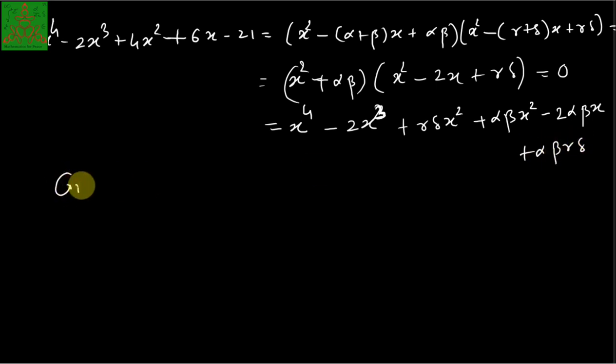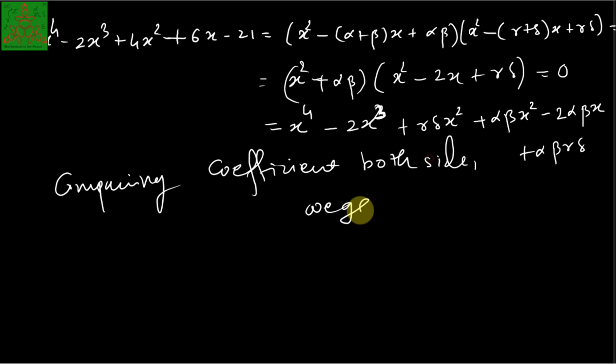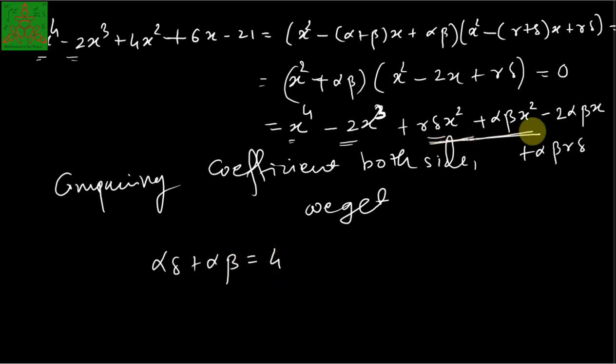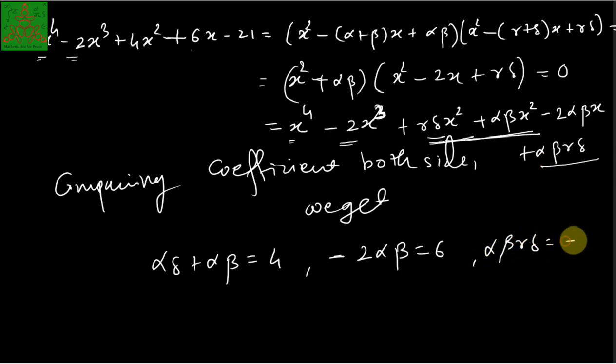So comparing coefficients on both sides, we get the coefficient of x power 4 is 1, x cube is minus 2. Now gamma delta plus alpha beta is equal to 4, because this plus this term is there, and this will give you minus 2 alpha beta minus 2 gamma delta equal to 16, and alpha beta gamma delta is equal to minus 21.